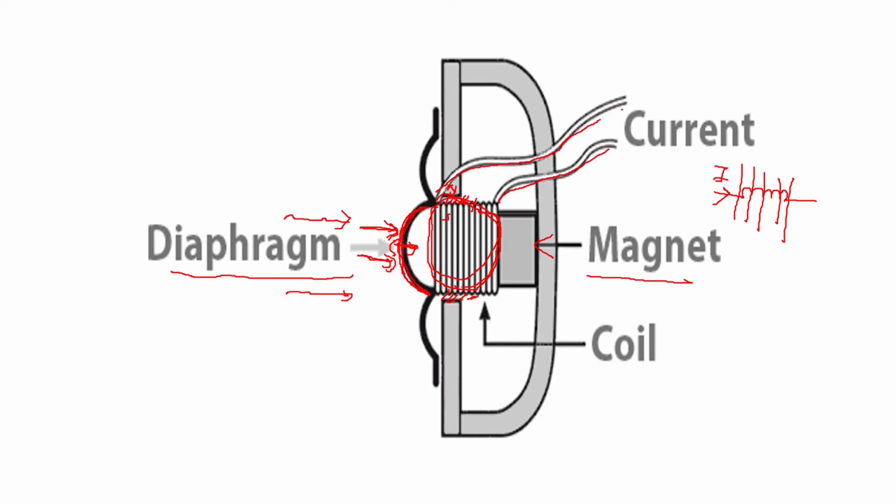The current variation you get will correspond to the variation of the sound waves input you gave to the diaphragm. That means sound energy is converted into electrical energy in the form of current. This is the basic principle on which the moving coil or dynamic microphone works.